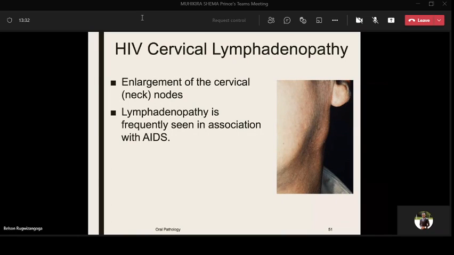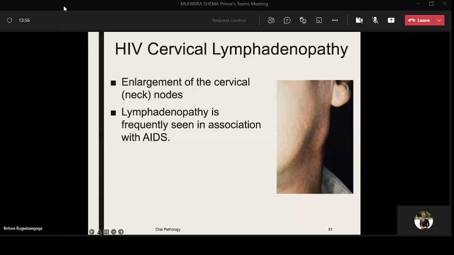So when you see a patient with unexplained lymph nodes, you can think of doing HIV testing, because this may be a first manifestation of HIV in that patient.